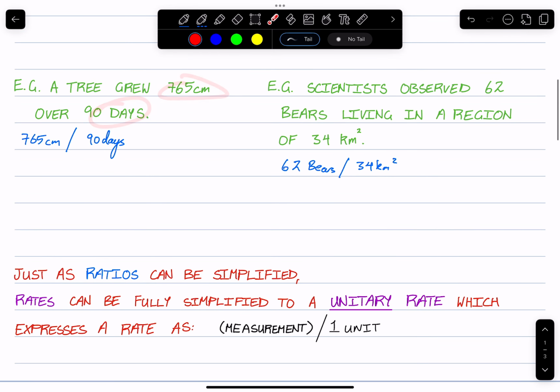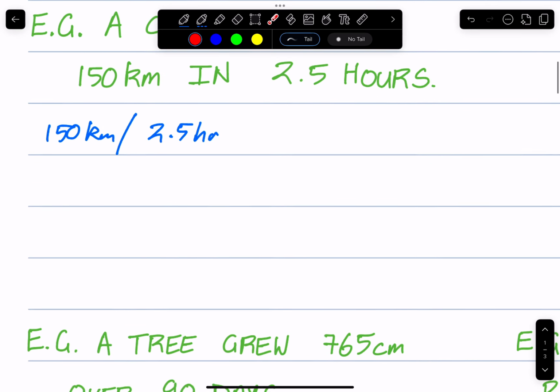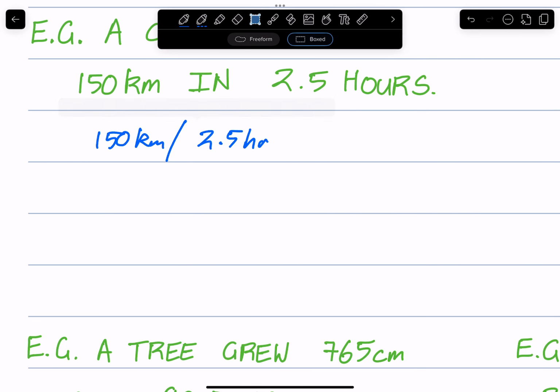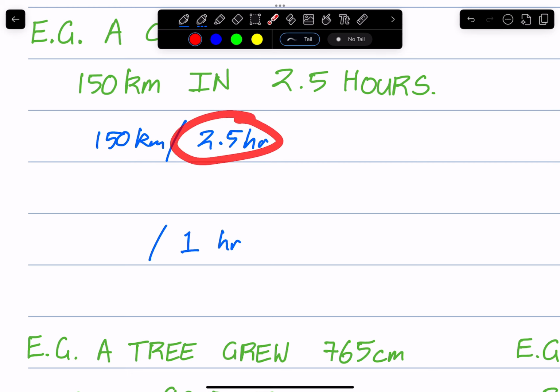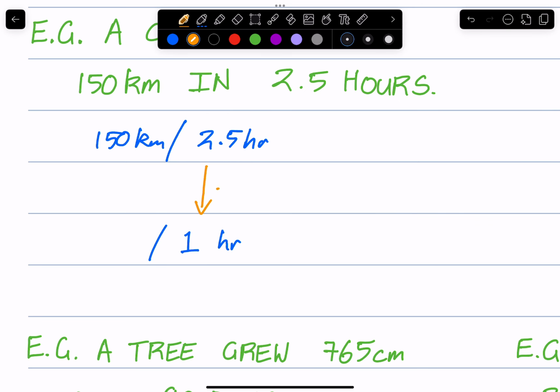Now, just as ratios can be simplified, rates can be fully simplified to what's known as a unitary rate, which always expresses a rate as some measurement per 1 unit. Since we have this as our rate, we want to change this to per 1 hour. In order for 2.5 to become 1, we are dividing by 2.5.